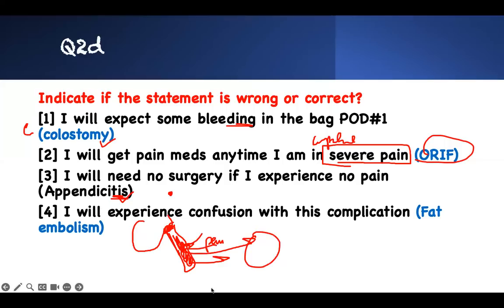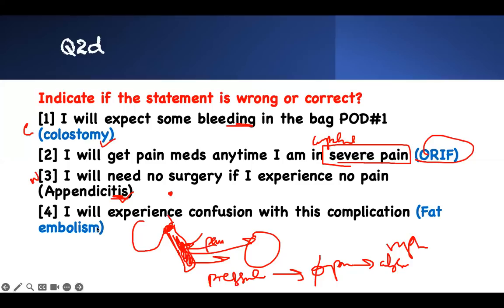There's no pressure anymore. It's the pressure that gives you pain. If there's no pressure, no pain. Therefore, if you have no pain, I know you have an abscess or a rupture. So this is wrong. I will not get any surgery if I experience no pain, because no, you perforated. Something is bad. Okay, so this is wrong.